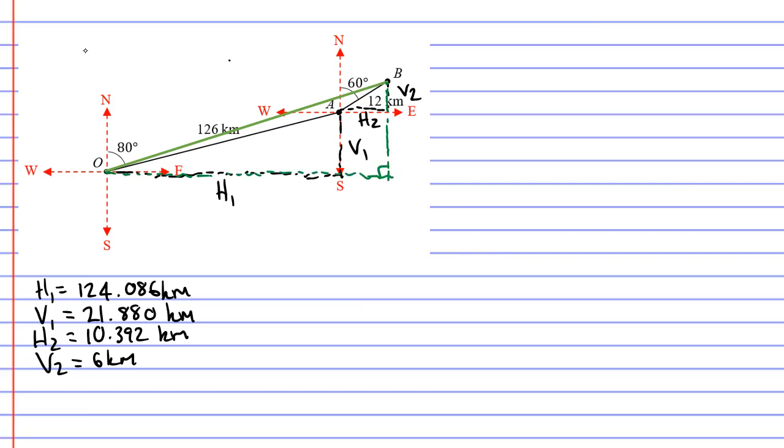It's a nice right-angled triangle. It also has a vertical and a horizontal component. Now, we actually have enough information to figure out what this vertical and horizontal component equal. And that is because if we look at H1, H1 is this distance here.